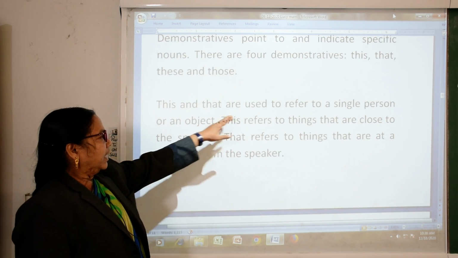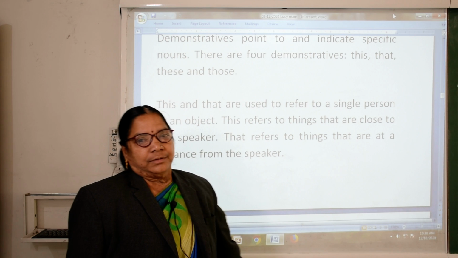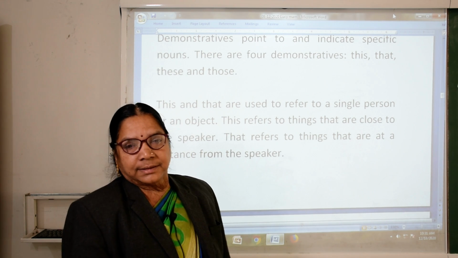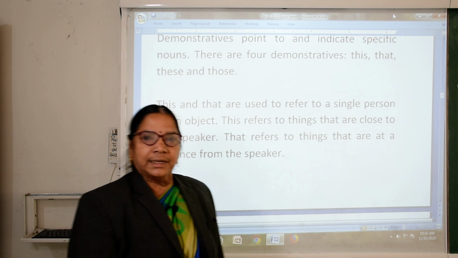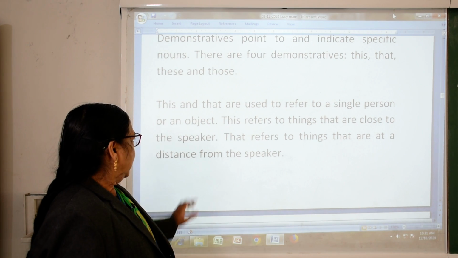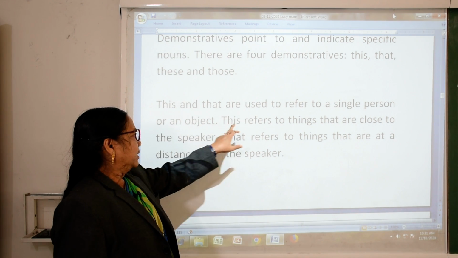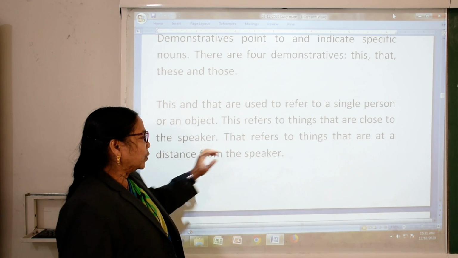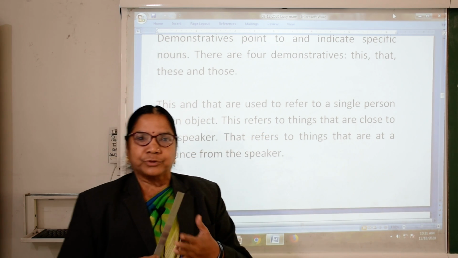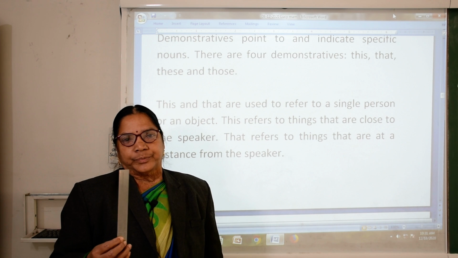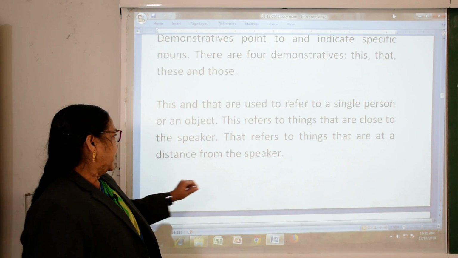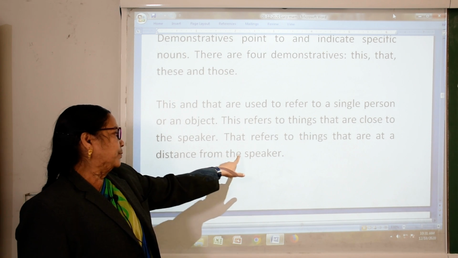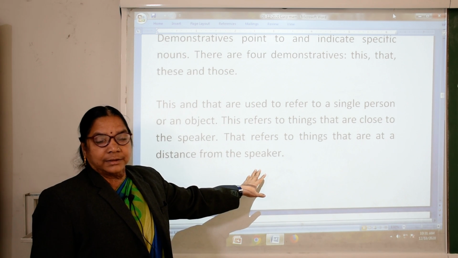This and that are used to refer to a single person or object. This refers to things that are very close. For example, this is very close to me, so I will say, this is a scale. That refers to things that are at a distance from the speaker.